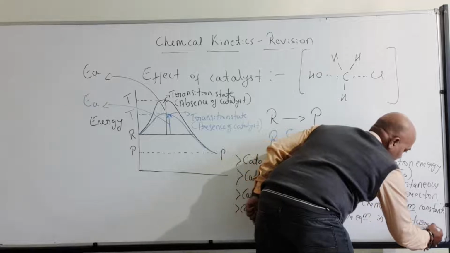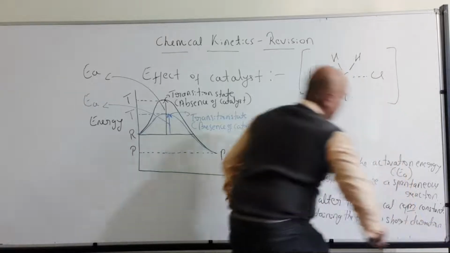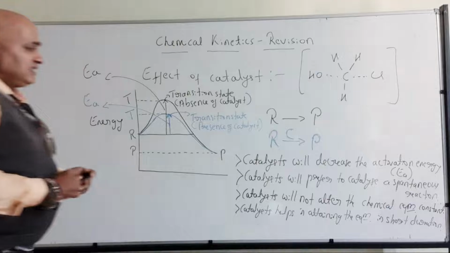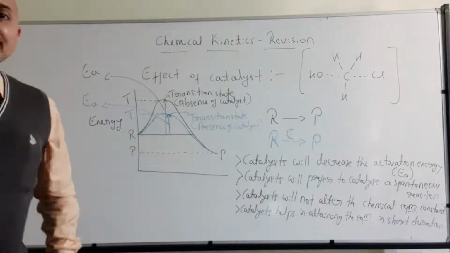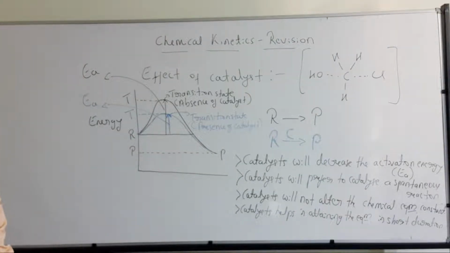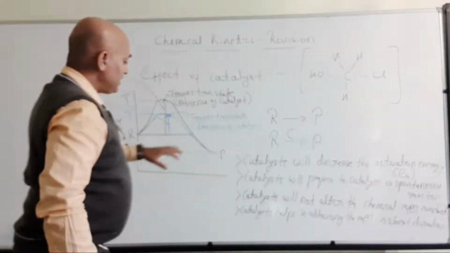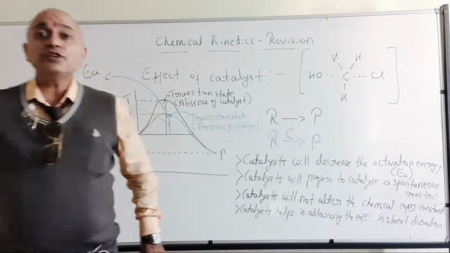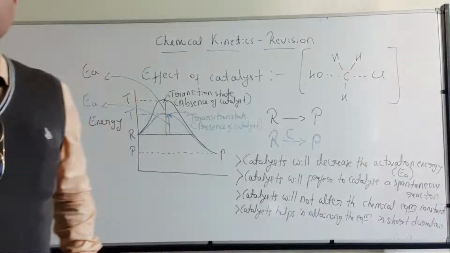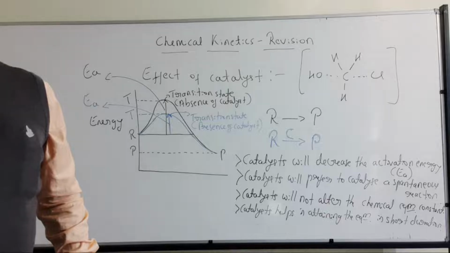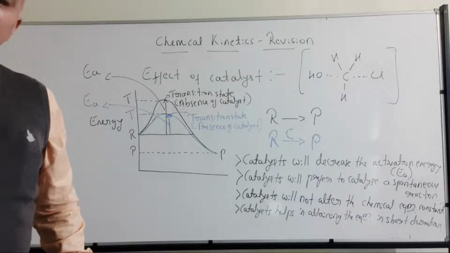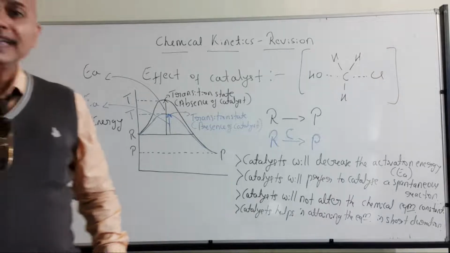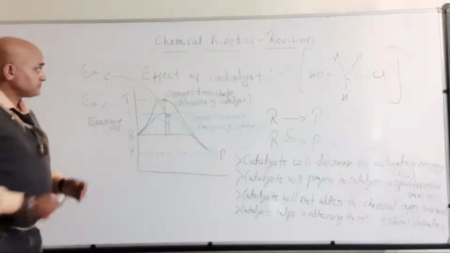They are not going to alter the equilibrium constant value, but they help in attaining the equilibrium at a faster rate. That's how the catalyst is going to enhance the rate of the reaction.